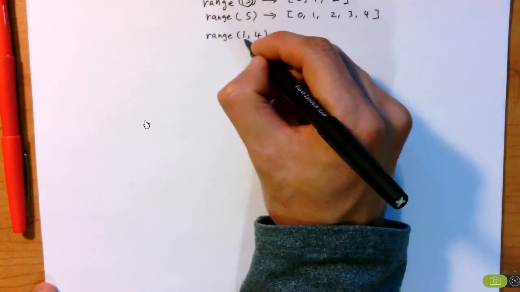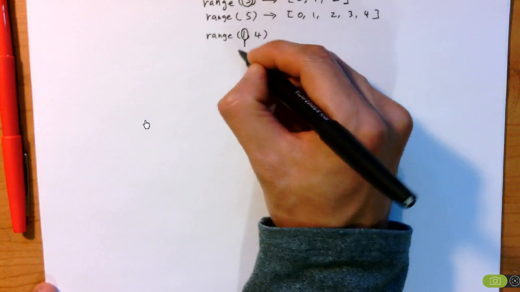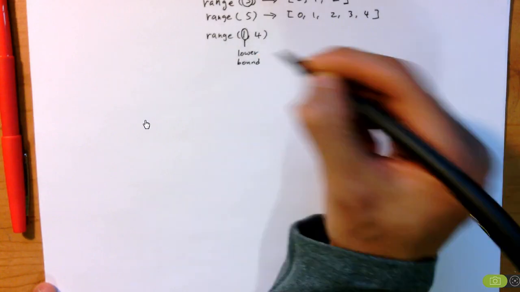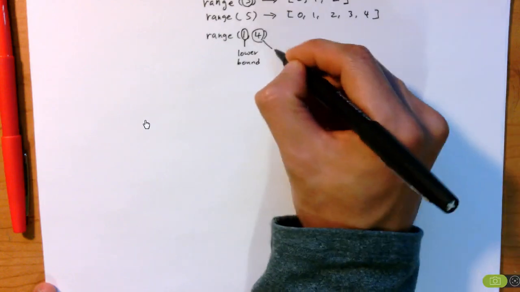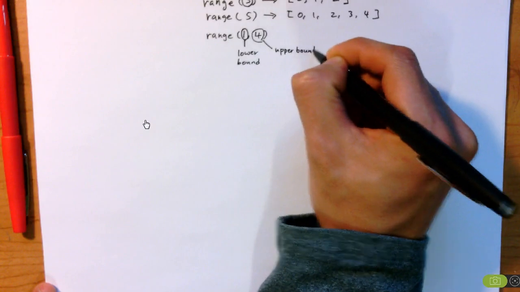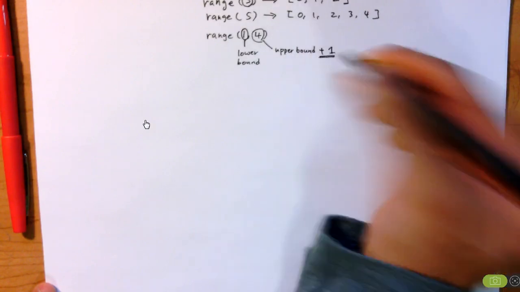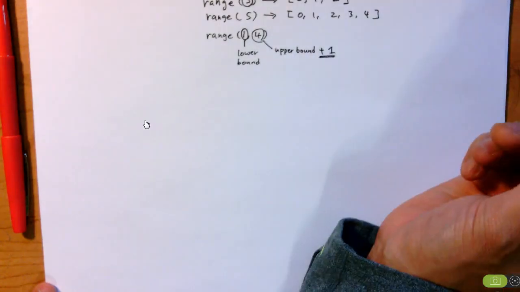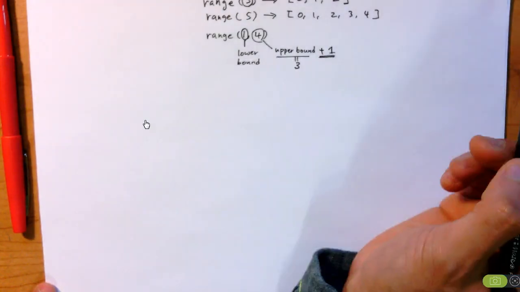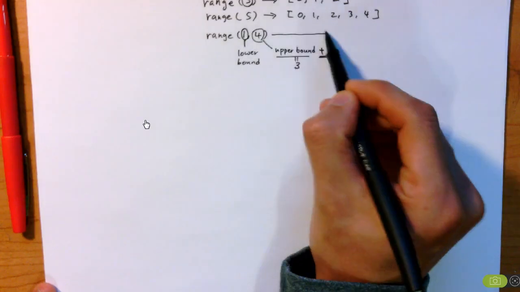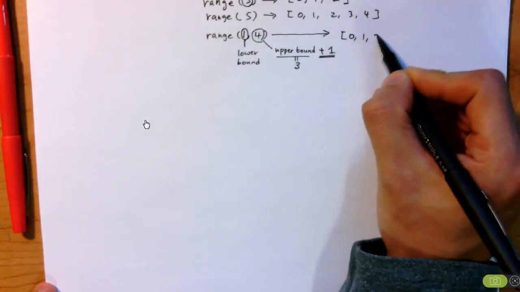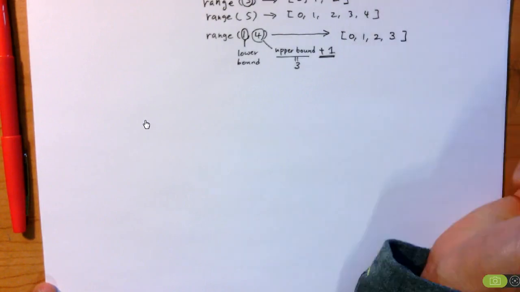So this means the lower bound, and this means the upper bound, actually plus 1. Okay, this is important. So the upper bound in this case is really a 3, it's not 4. So what this means is 0, 1, 2, 3.